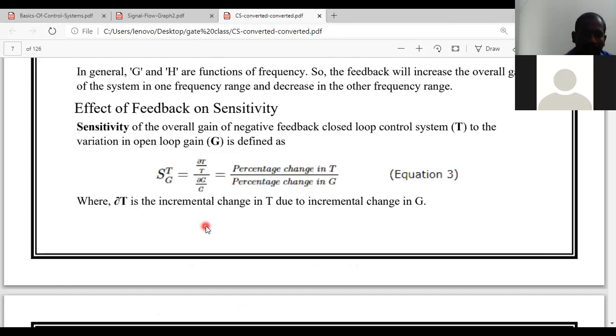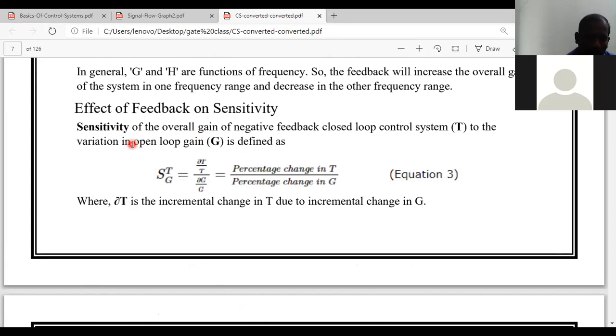The next important term is sensitivity, which you have already studied in Electronic Circuits 2. The Barkhausen criterion: for positive feedback, any system satisfying the Barkhausen criterion becomes an oscillator.